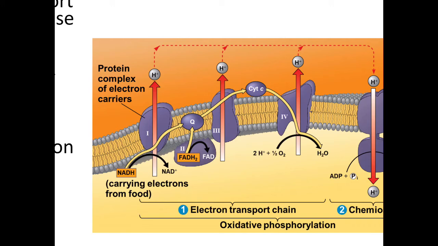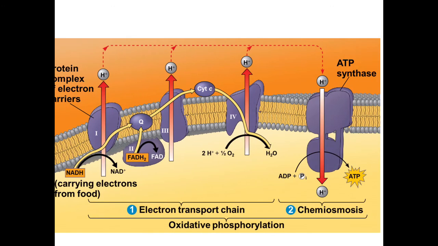So you can kind of see that this is occurring. If you look at the hydrogen ions at the top, they are being released from the different complexes in the electron transport chain. All of those hydrogen ions will then come together through the ATP synthase.